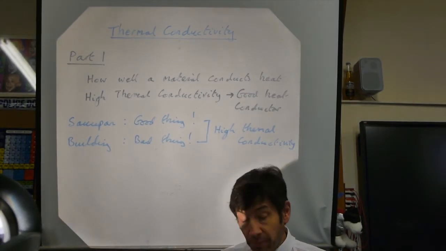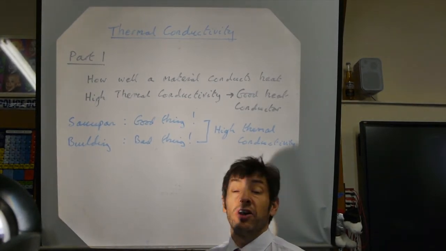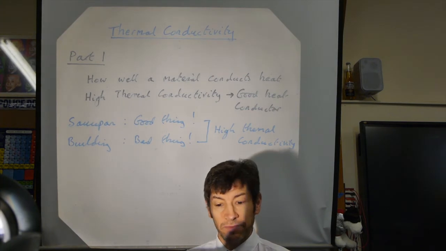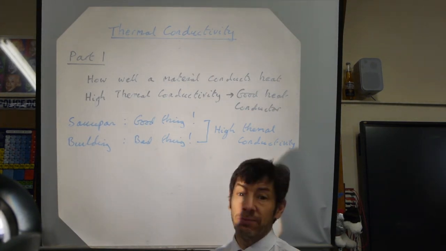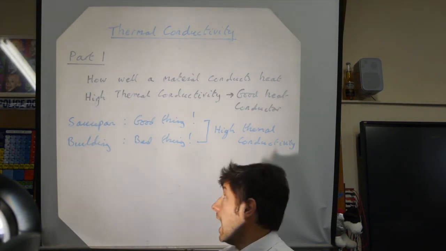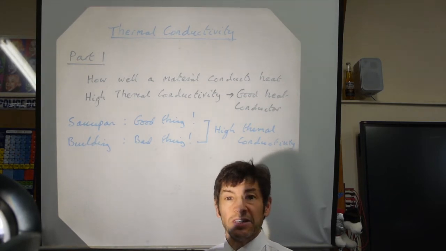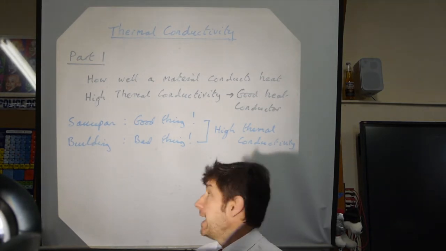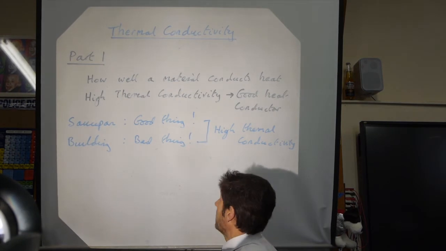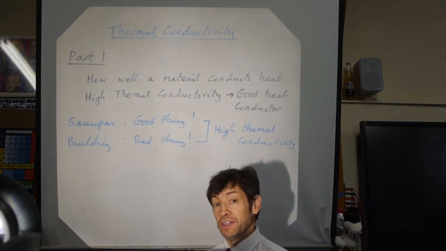You might have seen the video I've done on energy efficient buildings. If you're going to put heat into a building, which is expensive, then you don't want to waste that heat. So you don't want to make the building out of things that have a high thermal conductivity.